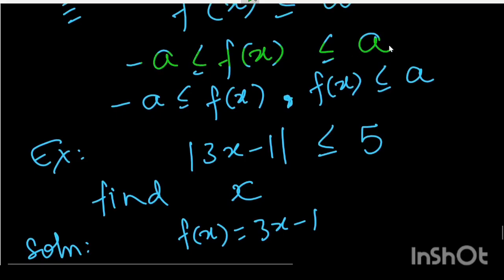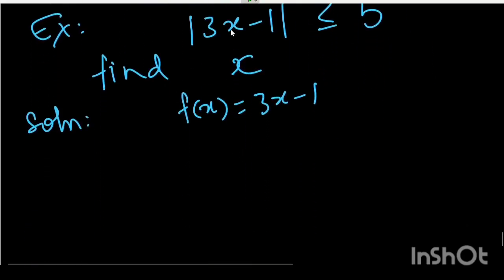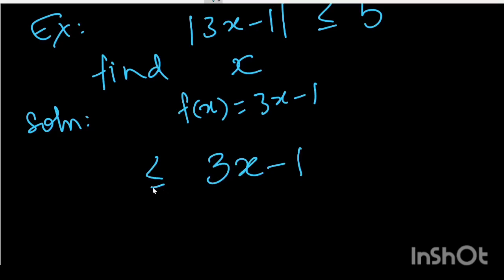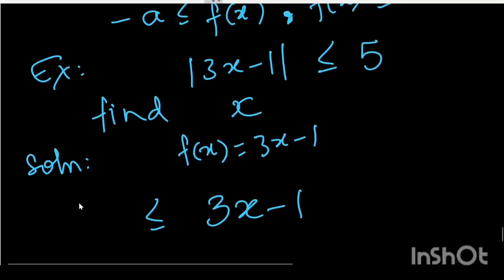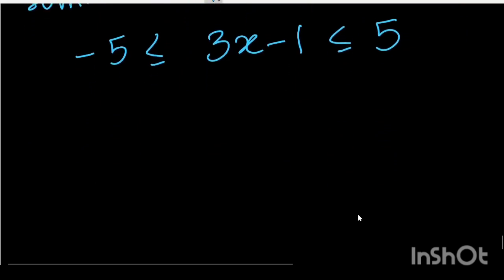This we can use directly here because this situation is similar to f square x less than or equal to a square. So we can directly write in the next step minus 5 to 3x minus 1 to 5. A is 5 here, so minus a is minus 5 to plus a, plus 5. Now we can solve this inequality.